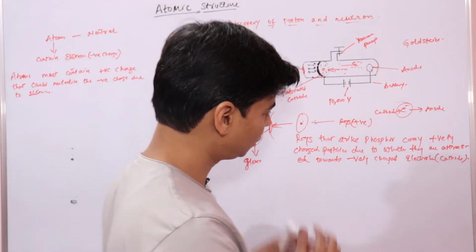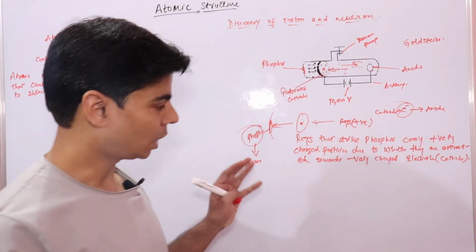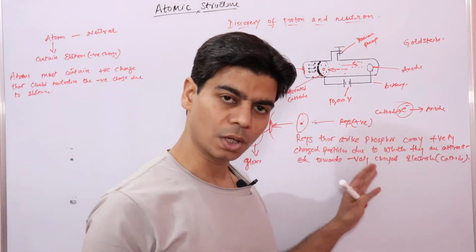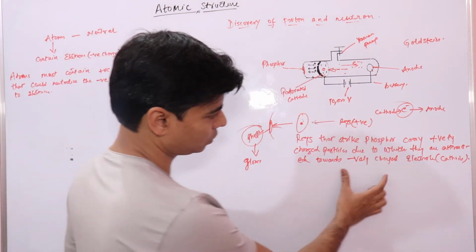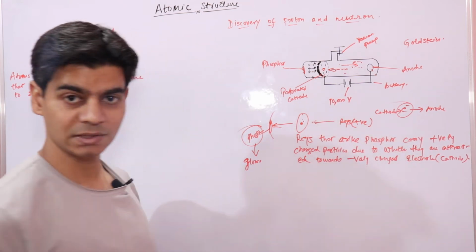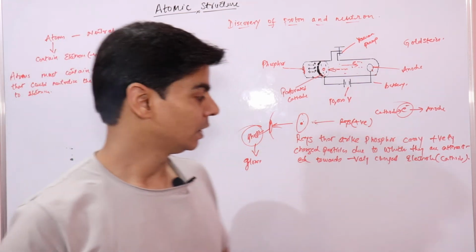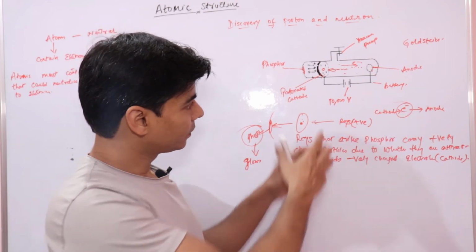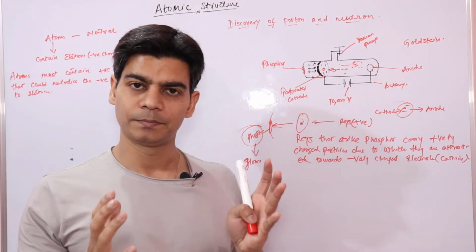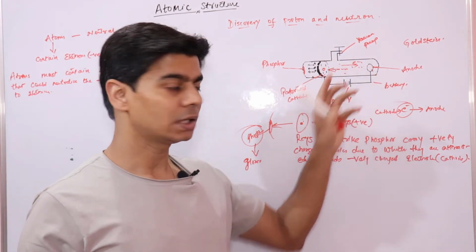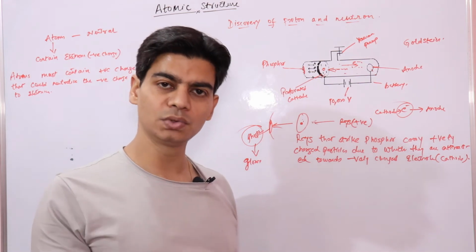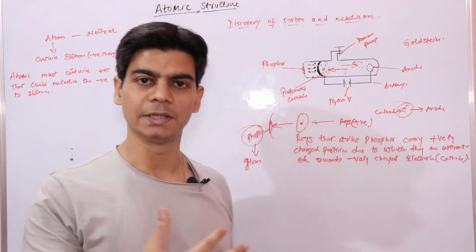So now, when we got this confirmation that these rays contain positively charged particles, that means the atoms in this discharge tube are producing these positively charged rays, right?